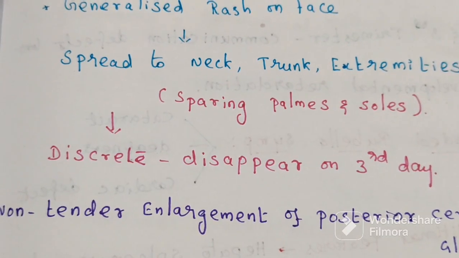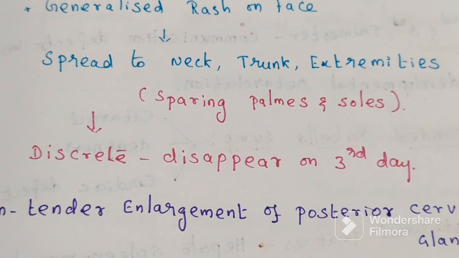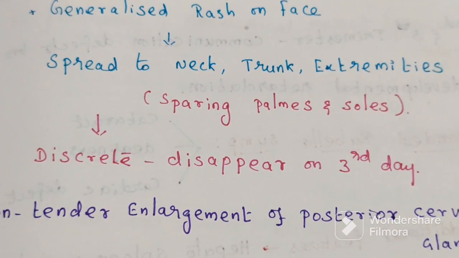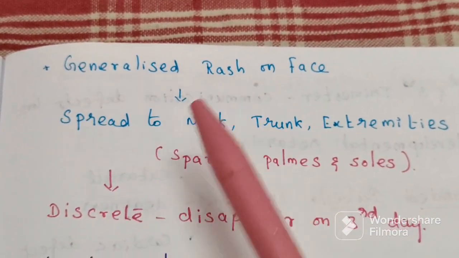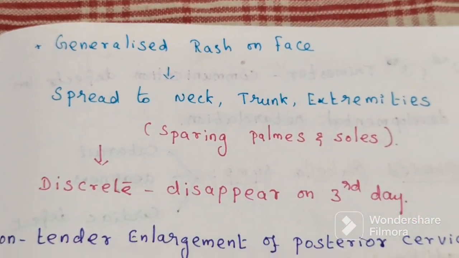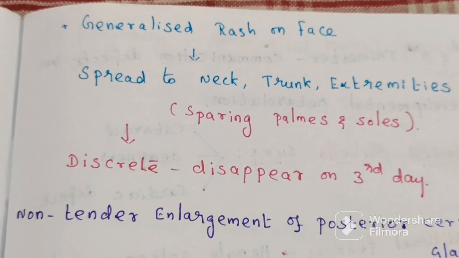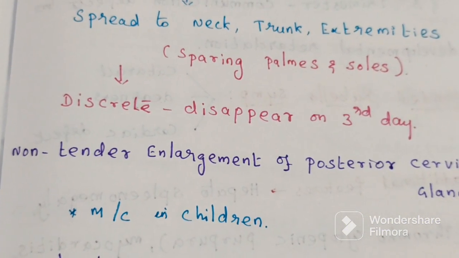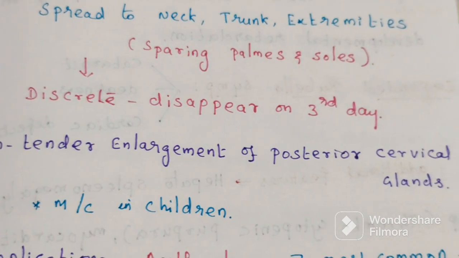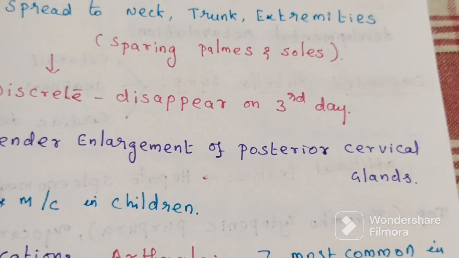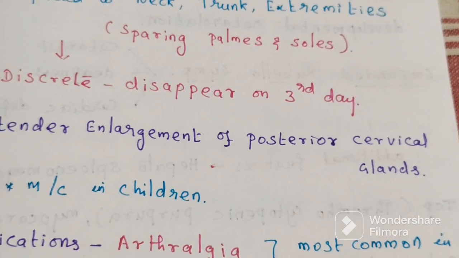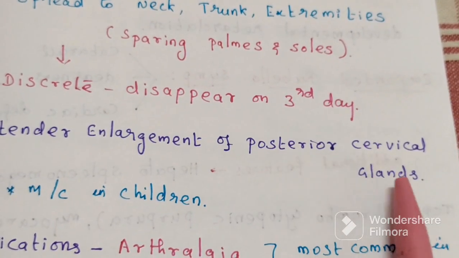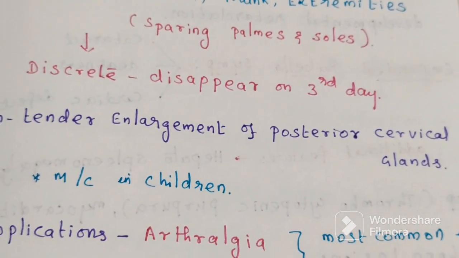The rashes are discrete and disappear on the third day. There is also non-tender enlargement of the posterior cervical gland.